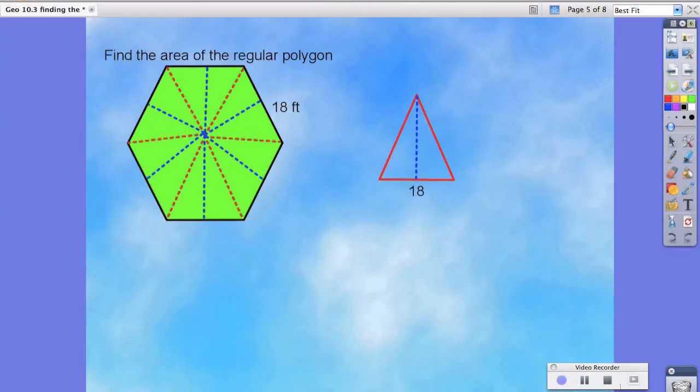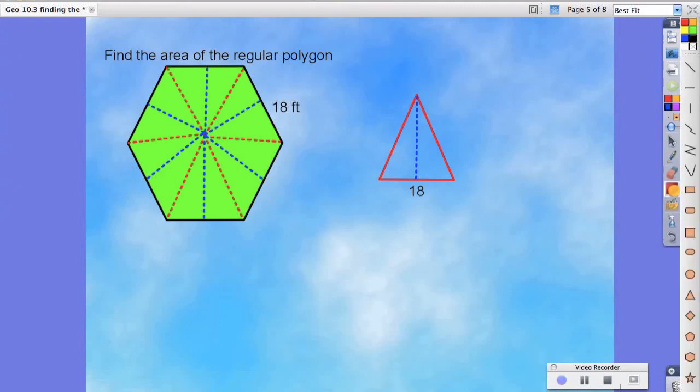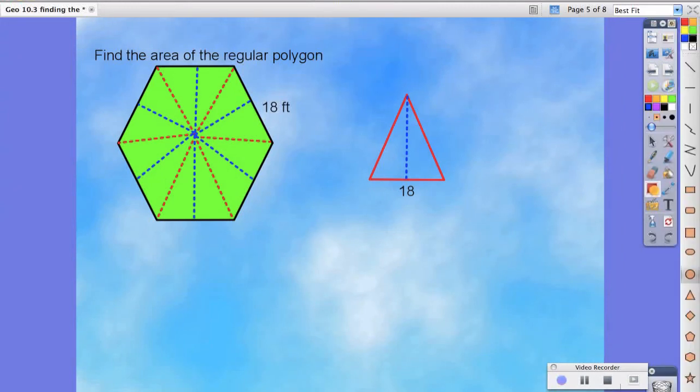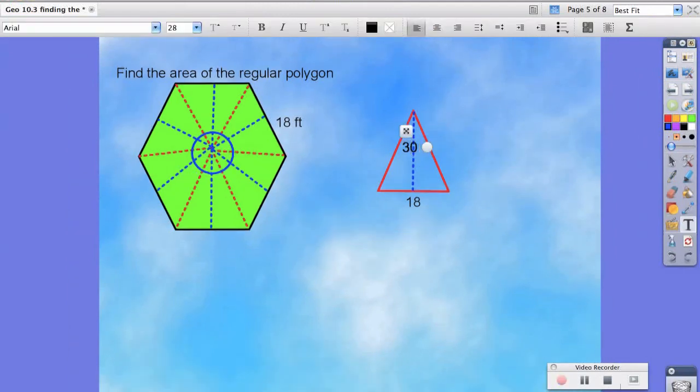Now, to figure out this inside angle, you'll remember that there are now 12 angles involved. So we're going to take 360 and divide by 12. And we'll find out that this is a 30-degree angle here.